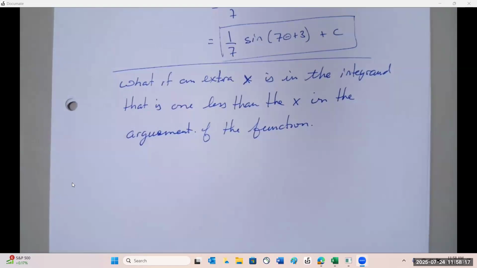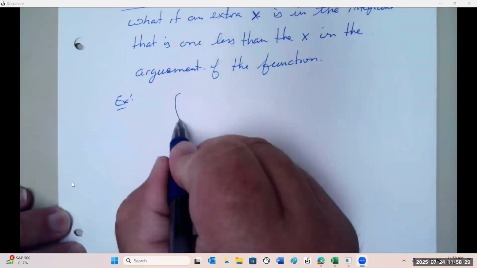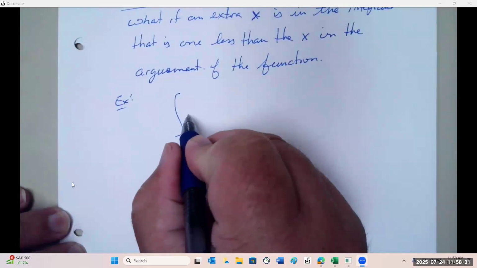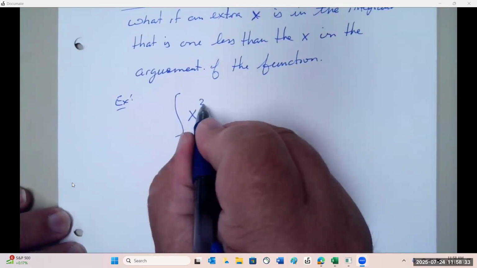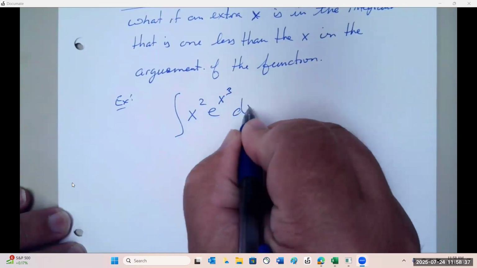This one, where's that example? Oh, well, here's the example: x squared e to the power x cubed dx.